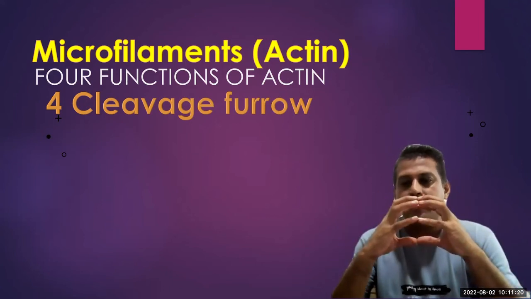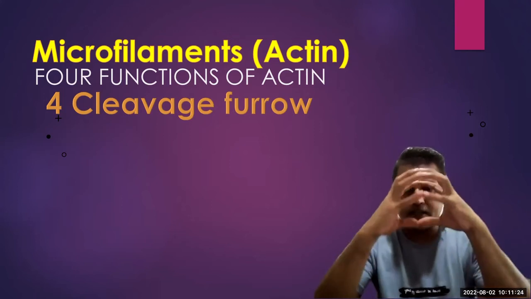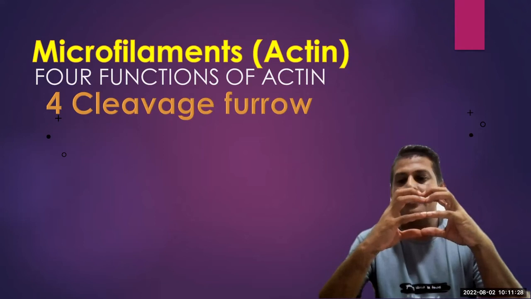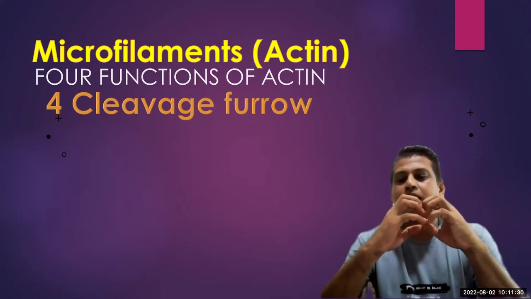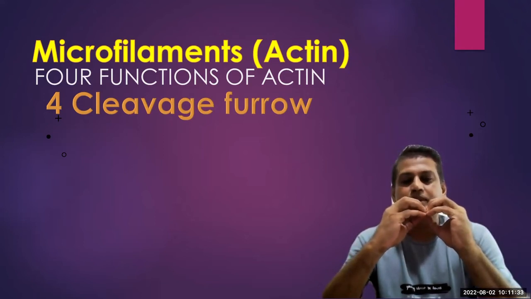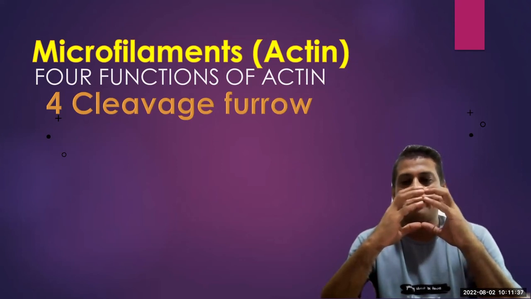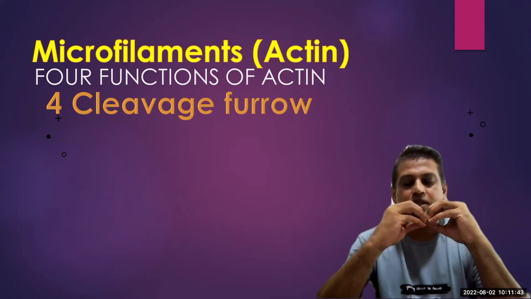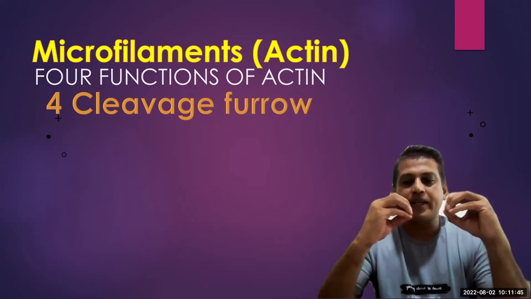Now, when the nucleus divides inside, let's say this is a cell and the nucleus divides. After that, the cytoplasm makes this kind of constriction, this kind of movement, and that's called the cleavage furrow. After that, they can separate like this.